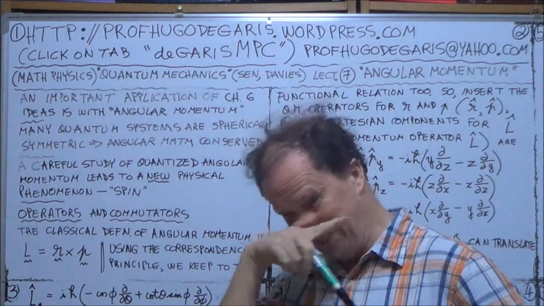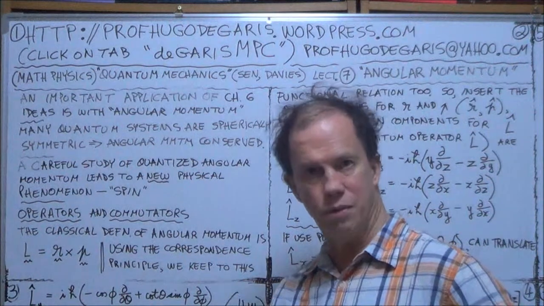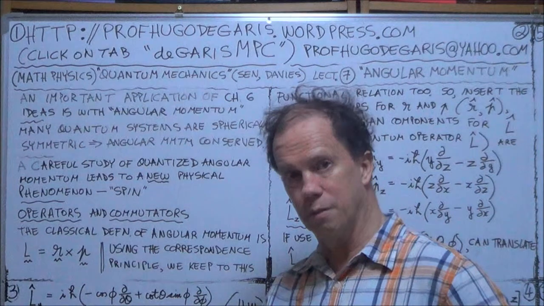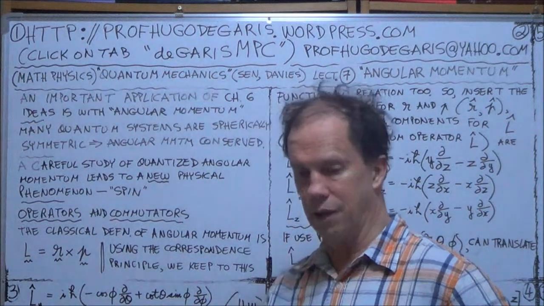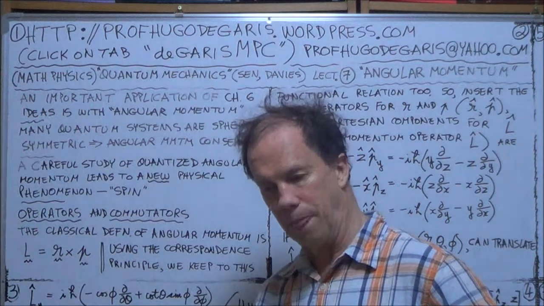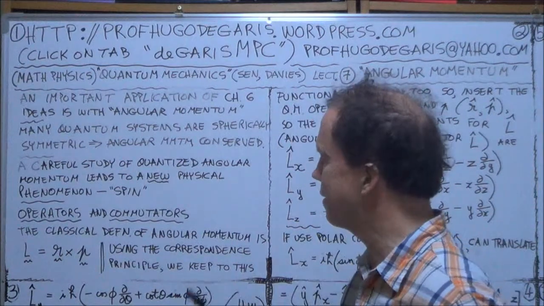The results, the predictions coming out of the theory. The equation that you choose, the operator that you choose, if the results are good, then that would confirm your choice of operator to start with. So, with that in mind, let's start.